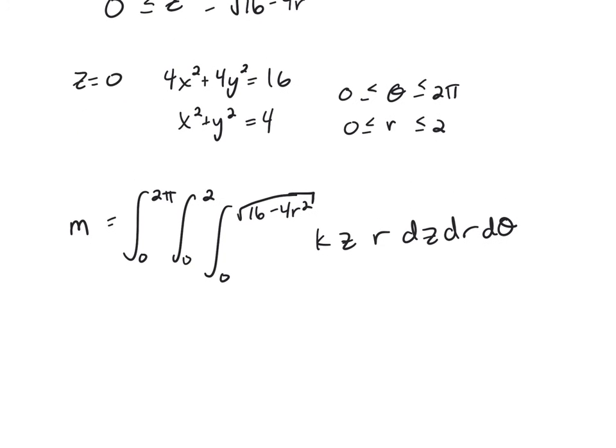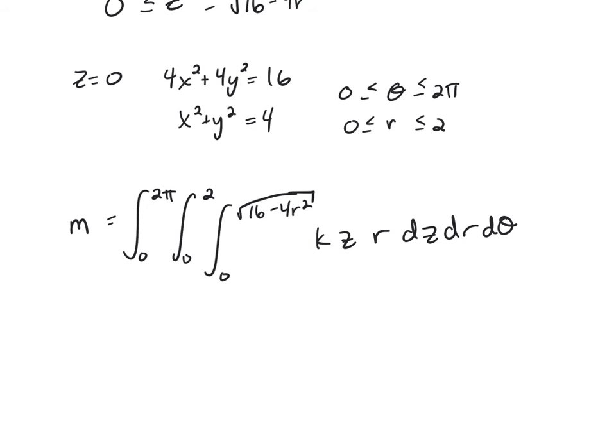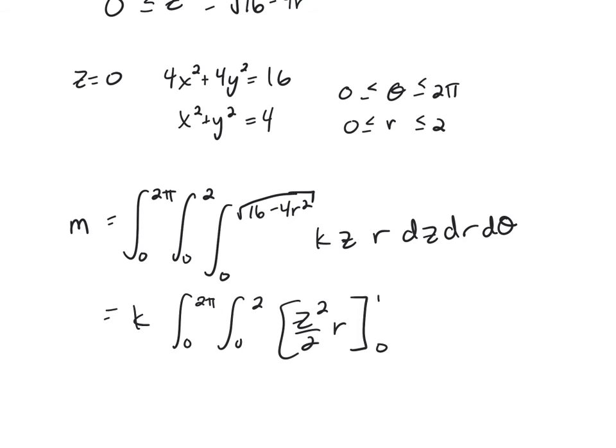So first we're going to integrate with respect to z. I'm going to go ahead and pull that k out because it's just a constant. If I integrate with respect to z, I'll get z squared over 2, times r dr d theta.